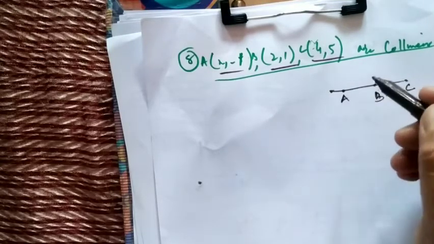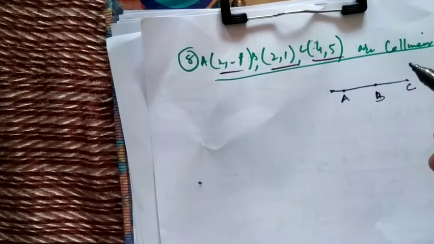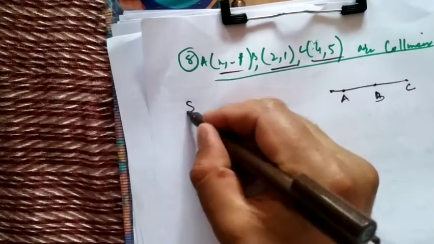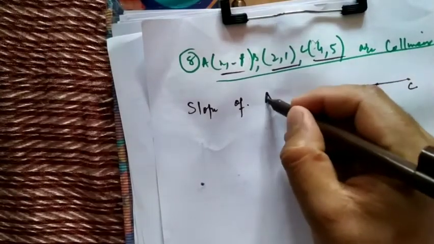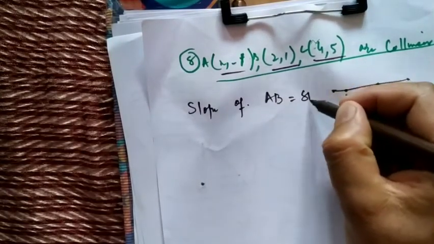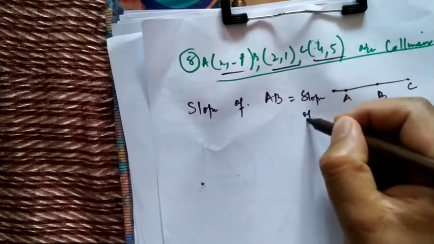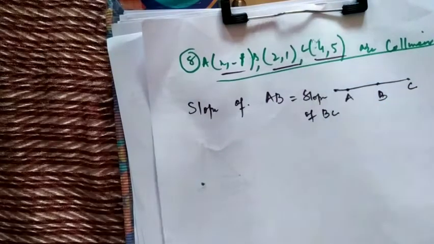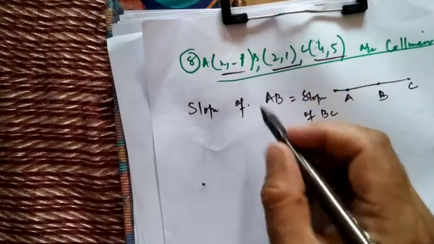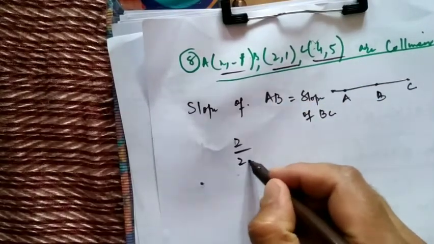When they are collinear, we can say the slope of AB is equal to the slope of BC. What is the slope of AB? It will be 1 minus (-1), that is 2, divided by 2 minus x.